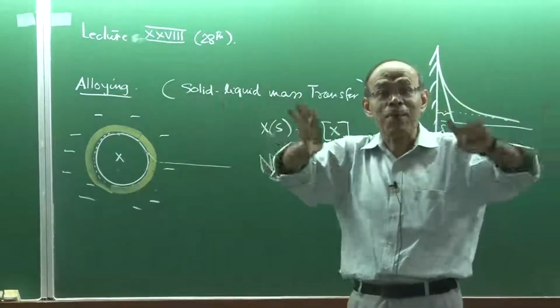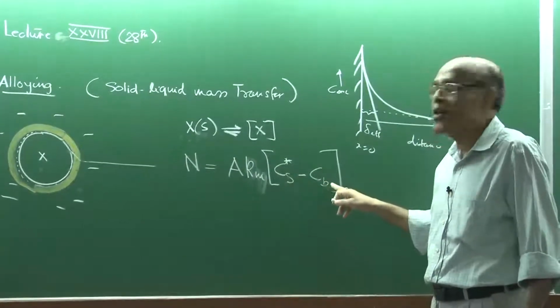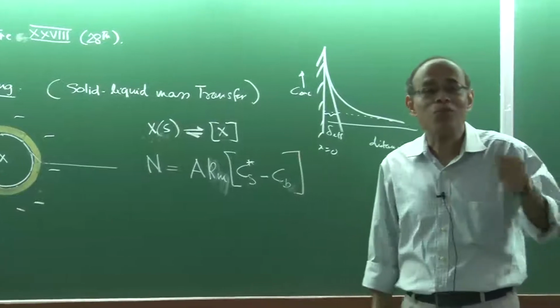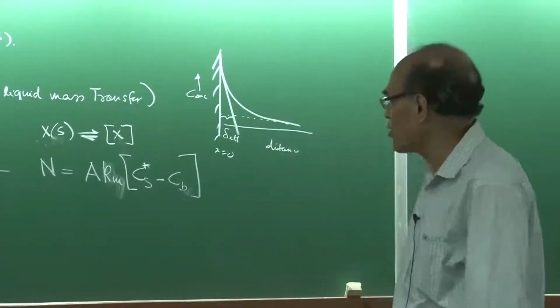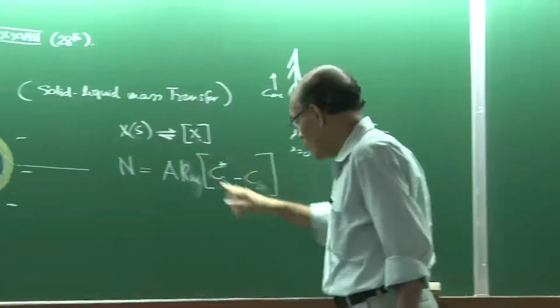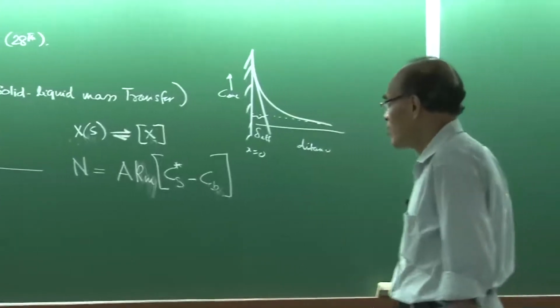So there are two separate classes of problems. In case 1, the bulk concentration is negligible, that means we are talking of dilute solutions: 1%, 1.5%, 2% X in liquid, and the saturation concentration is relatively much higher.